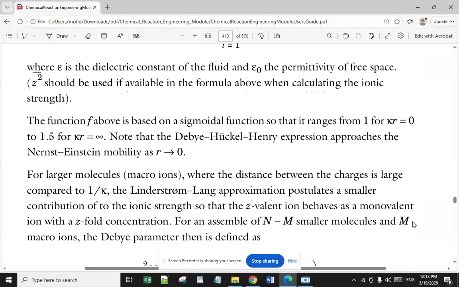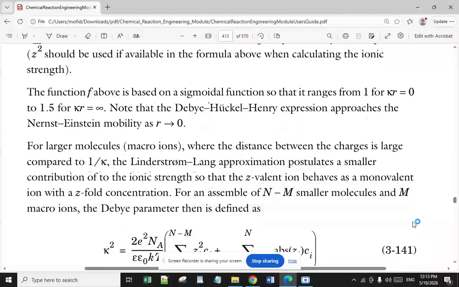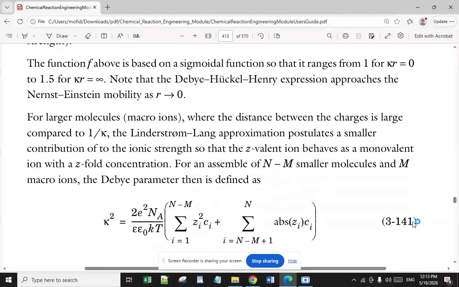Z to the power of 2 should be used, if available, in the formula above when calculating the ionic strength. The function f above is based on a sigmoidal function, so that it ranges from 1 for kappa R equal to 0 to 1.5 for kappa R tending to infinity.